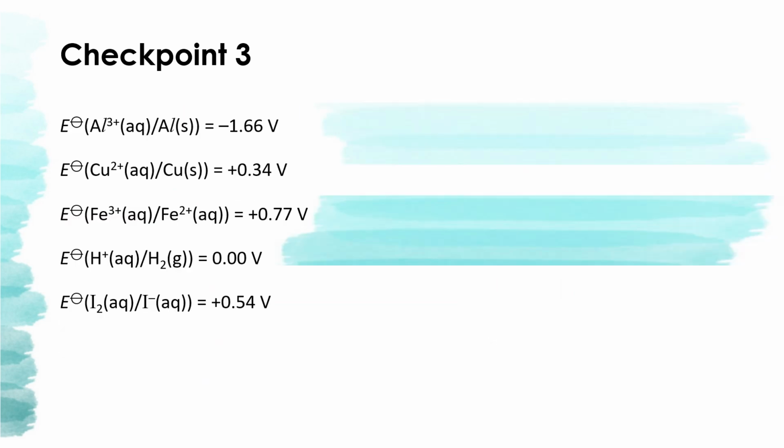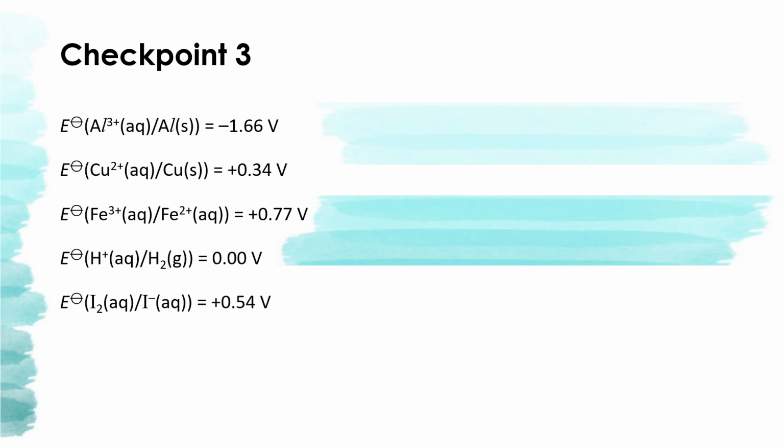Then the others are quite easy. I listed down all the standard electrode potential values here for you. How do I arrange them now? The question is about increasing reducing power.